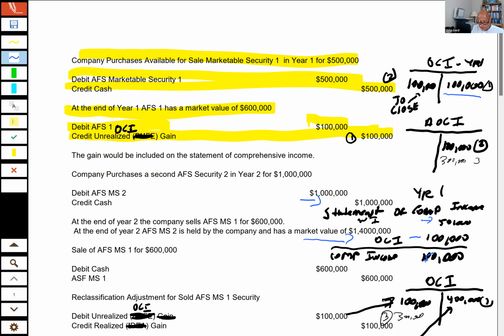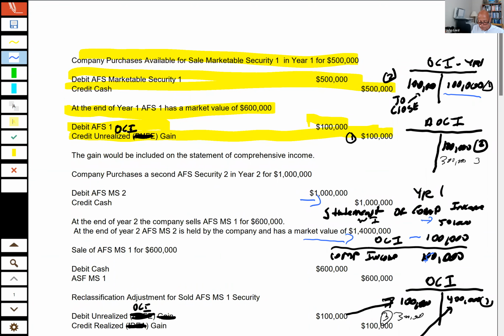Okay. Now, when we sell the security, we're going to do what? We're going to debit cash for the $600,000, credit available for sale marketable security 1 for $600,000. The security is gone, right? We sold it. It's off of the balance sheet now. But then we have to do the reclassification adjustment for that security that we sold.